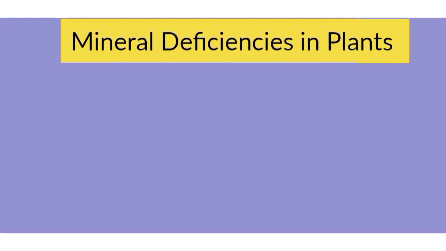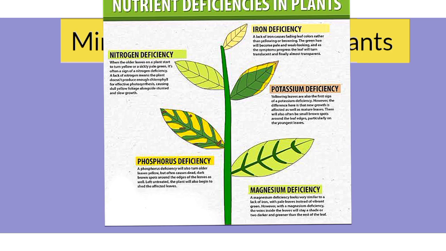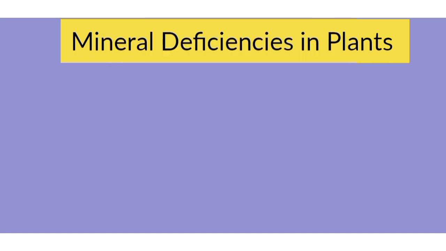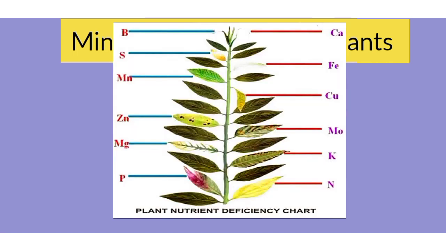For plants to grow optimally and perform photosynthesis and other activities, they need mineral nutrients that must be available in adequate proportion. Inadequacies in these mineral nutrients will cause deficiencies in plants. This may cause leaves to turn brown, yellow, or even purple in color, and may cause wilting of plants or improper growth.